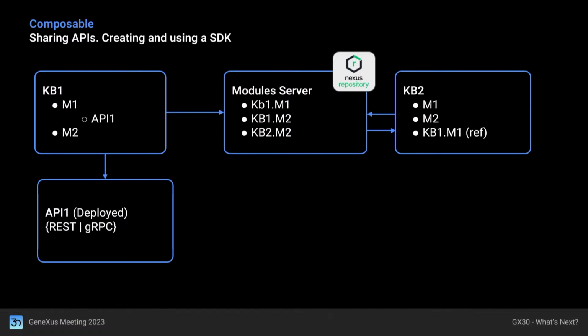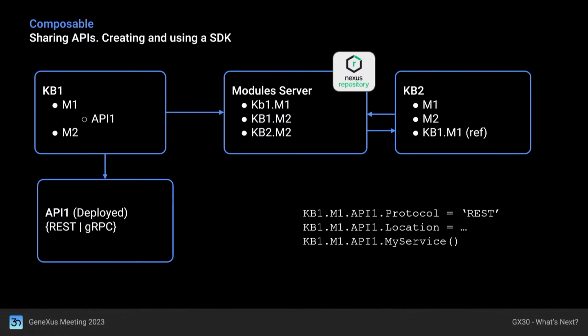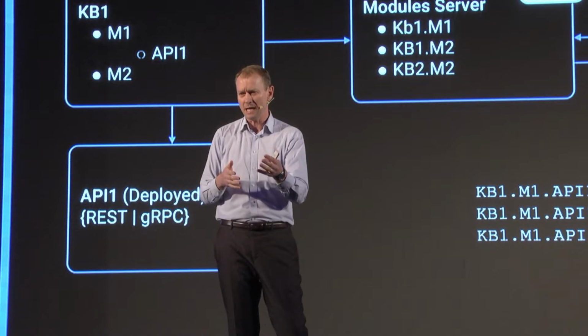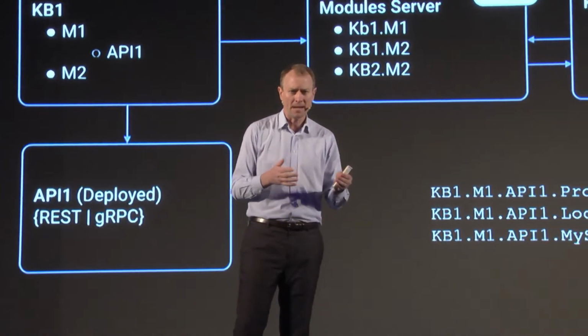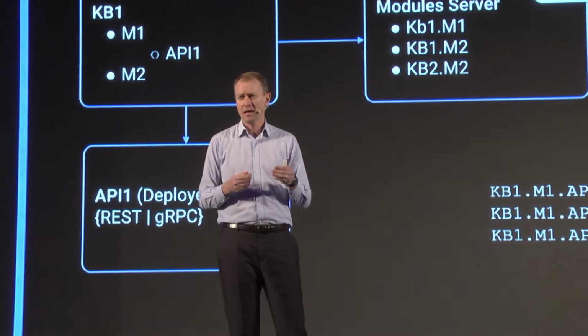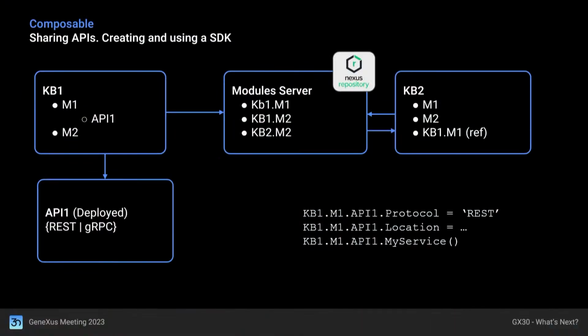And there I have an interface that's available for that API to be called. And I start programming in that other KB. Before calling the service of the API, I say, well, what's the protocol that I'm going to use for the call, and where the implementation of that service is located.